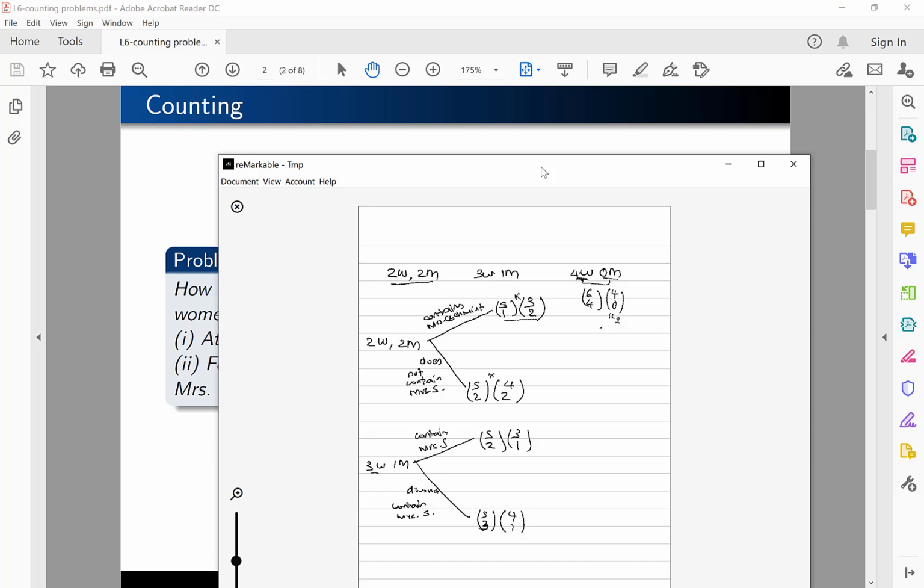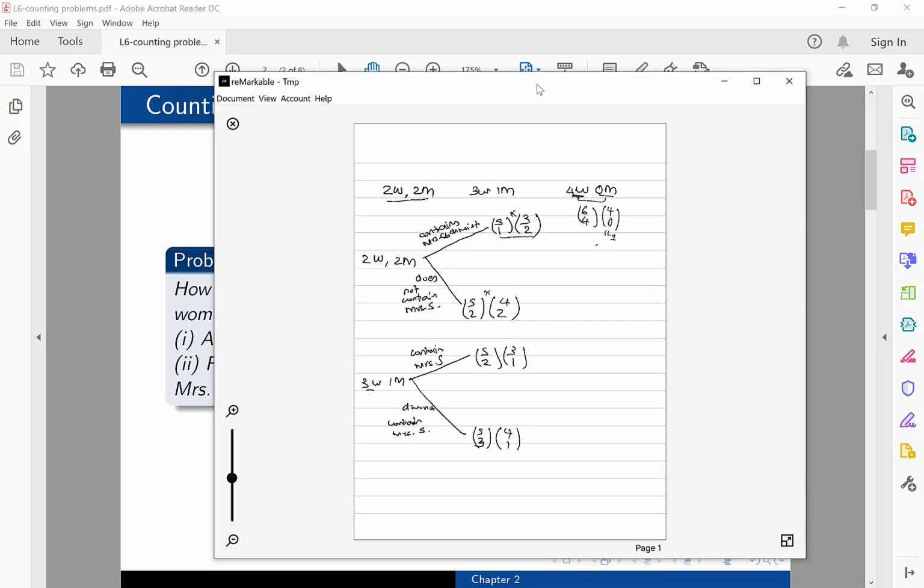So the final answer is going to be 5 choose 1 times 3 choose 2, plus 5 choose 2 times 4 choose 2, that is this particular combination, plus 5 choose 1 times 3 choose 1, plus 5 choose 3 times 4 choose 1, plus 6 choose 4 times 4 choose 0.